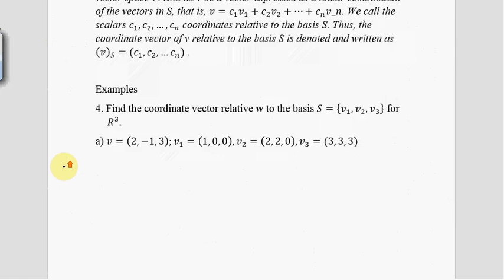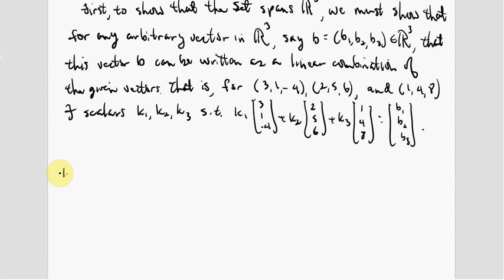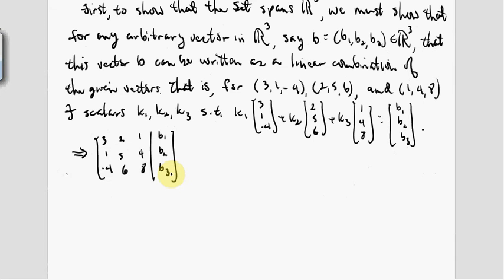Here, let's rewrite this. This implies that the matrix 3, 1, negative 4, 2, 5, 6, 1, 4, 8 times X equals B1, B2, and B3.